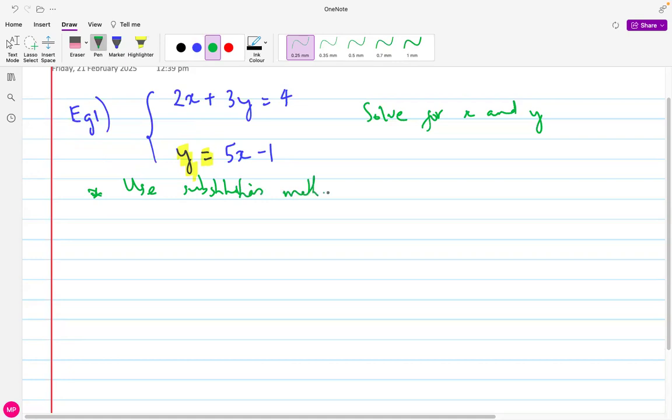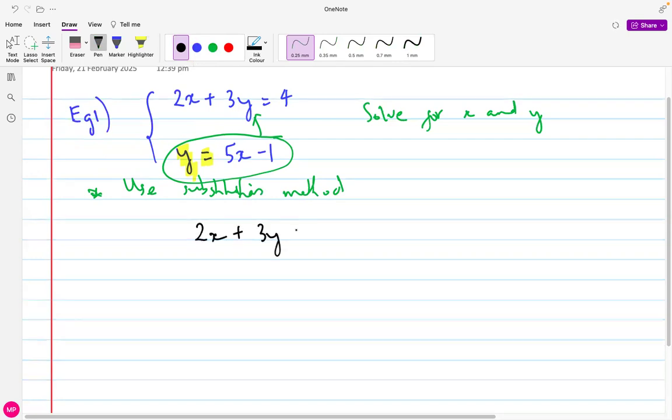What that means is we're going to substitute y equals 5x minus 1 into the first equation, which is where you have the letter y. So we write the first equation, 2x plus 3y equals 4, and you replace the letter y with 5x minus 1.